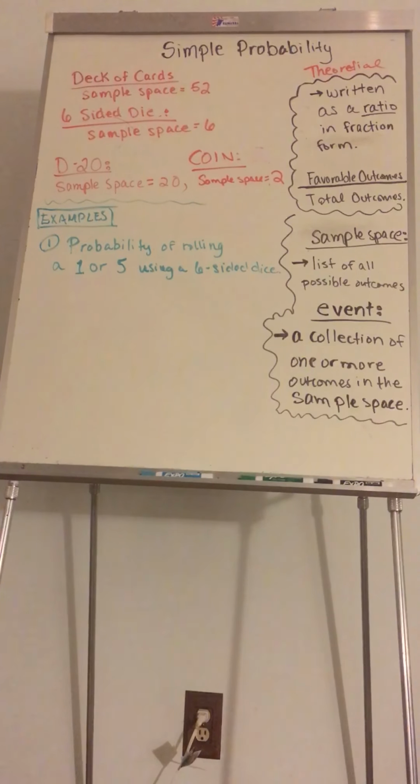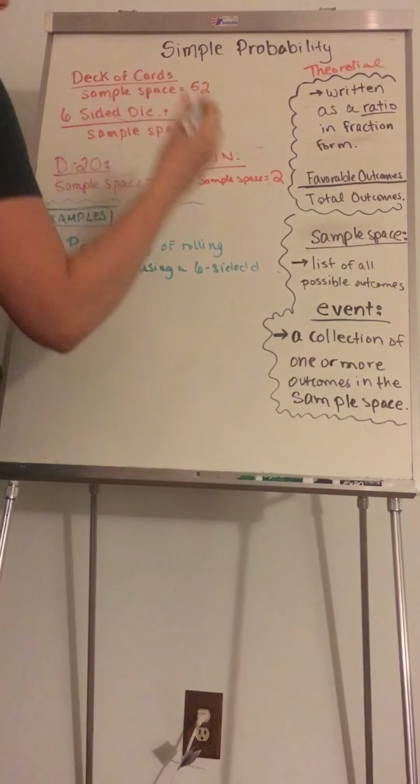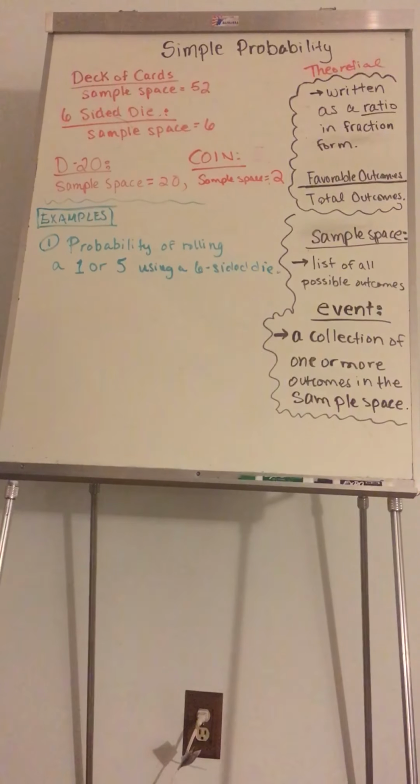Okay, and so then you have an event. An event is a collection of one or more outcomes in the sample space. So if the sample space is a list of all possible outcomes, an event is you're looking for a specific thing that's going to happen, okay? A specific thing that could happen is the probability of rolling a 1 or a 5 using a 6-sided die.